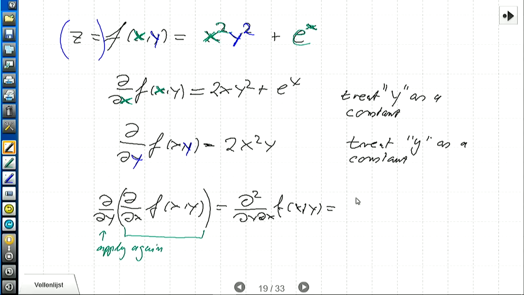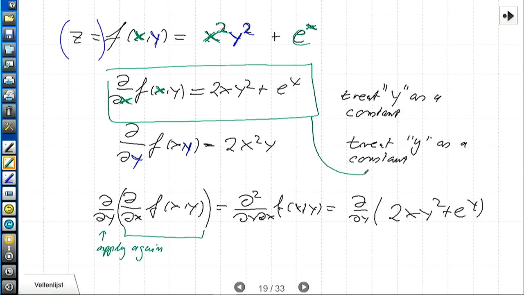So it is the partial derivative with respect to y of the partial derivative with respect to x. And I've computed this as 2xy squared plus e to the power y. Where did I get it from? I just looked up here and filled it in. No magic, I just look at my own writing. Then y is the argument, I treat x as a constant, and I get 4y plus e to the power y. That's it. That's the magic.